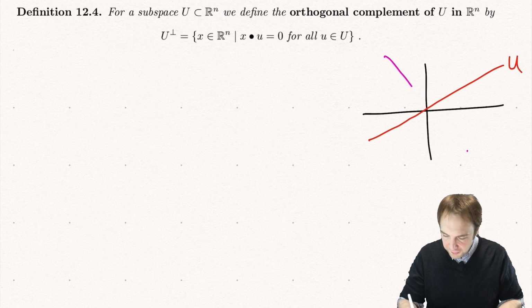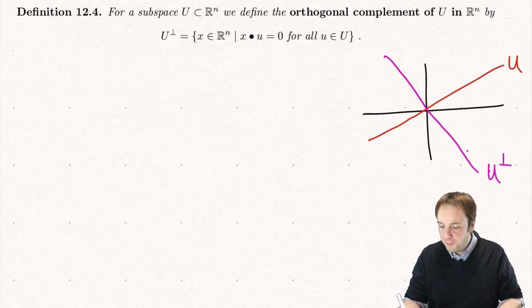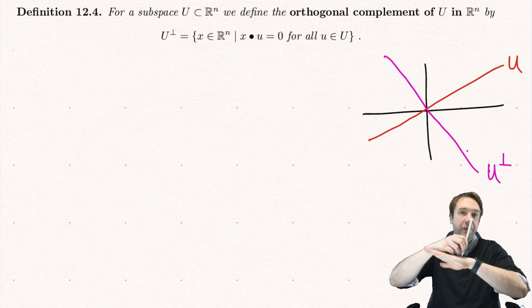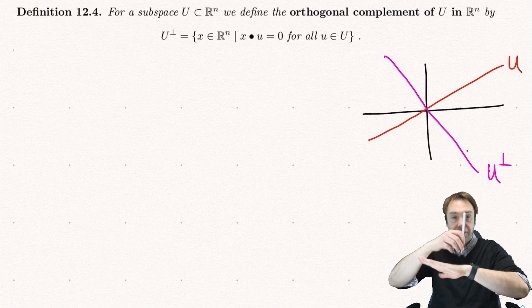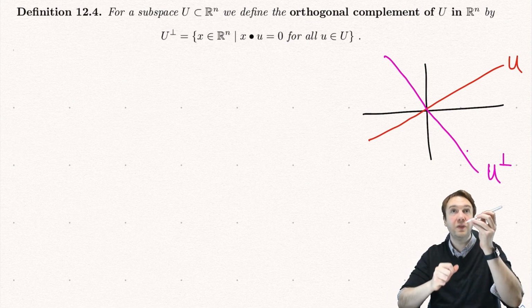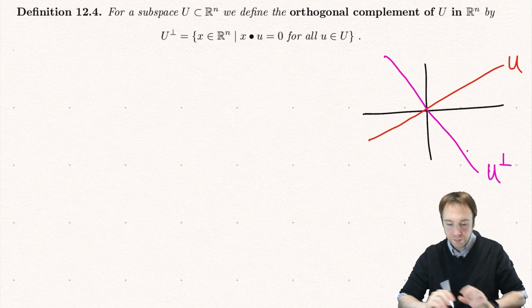Anyway, let's say this is a straight line. Then this here is the orthogonal complement. And if I have a plane, then the orthogonal complement of the plane would be the line, which is also a subspace, which is orthogonal to this. And if I just have a line in 3 dimensions, then the orthogonal complement would be a plane.